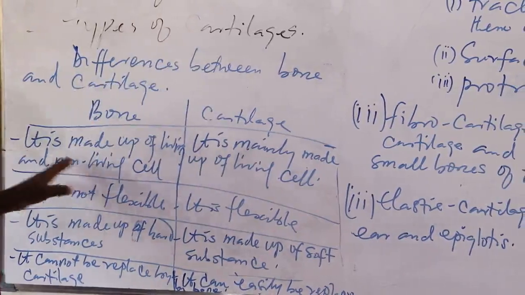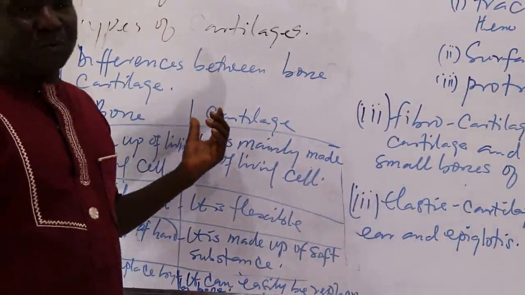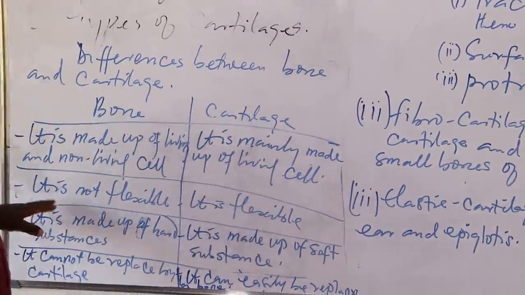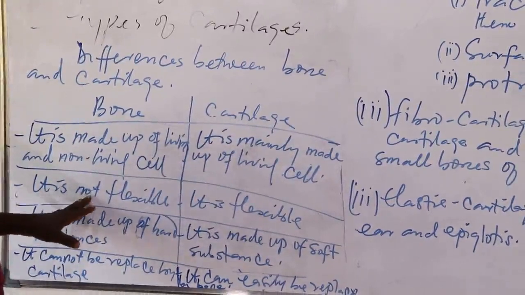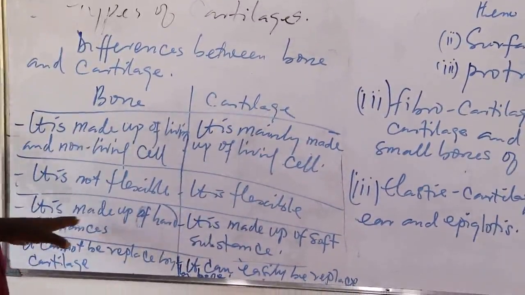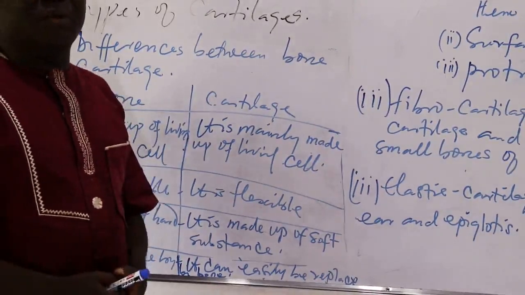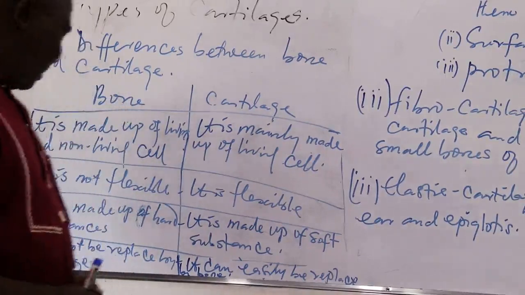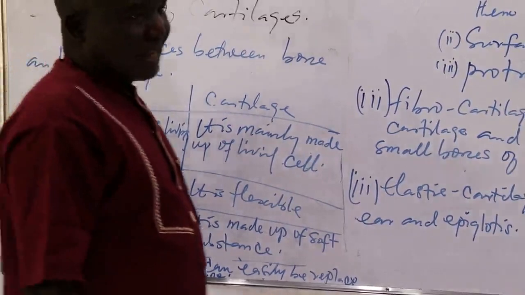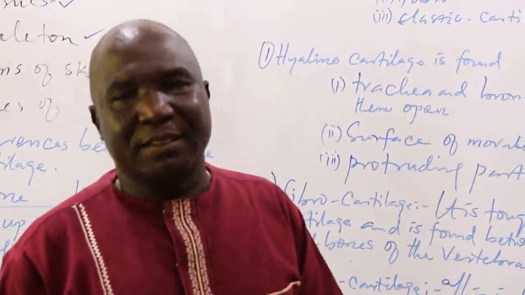One, bone is made up of living and non-living cells, while cartilage is only made up of living cells. 2, bones are not flexible, while cartilage is flexible. 3, bone is made up of hard substance, while cartilage is made up of soft substance. 4, bones cannot be replaced by cartilage, while cartilage can be replaced by bone.